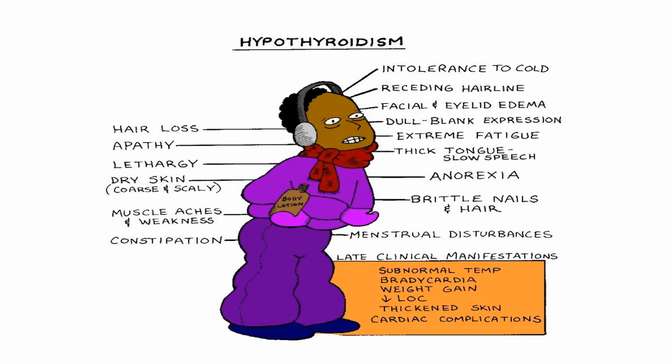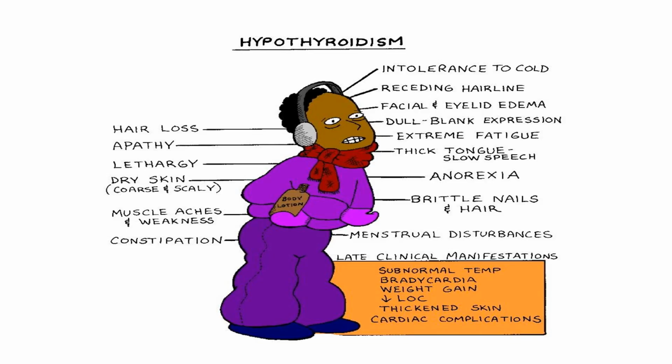Their skin is very dry and rough. Their hair is very coarse and brittle. They have a yellowish skin tone. This is not caused by jaundice or liver failure. This is due to excess carotene in the system because it's not being converted to vitamin A for usage. So they have a yellowish skin color.